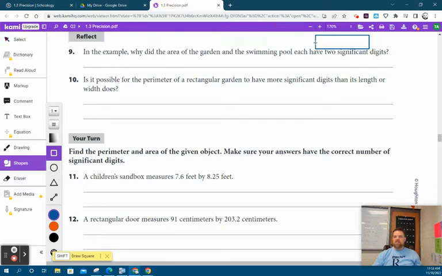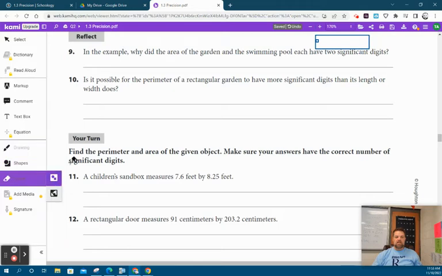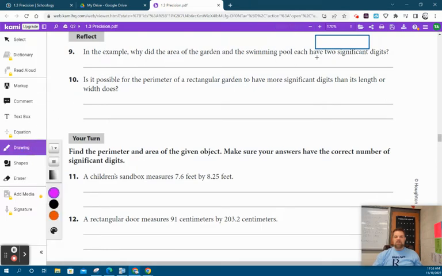So in the example of the swimming pool thing, we have this situation. Basically, it says in the example, why did the area of the garden and the swimming pool each have two significant figures? Well, we went by the least precise measurement.